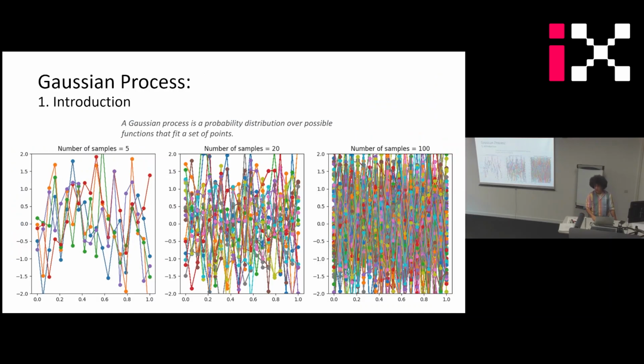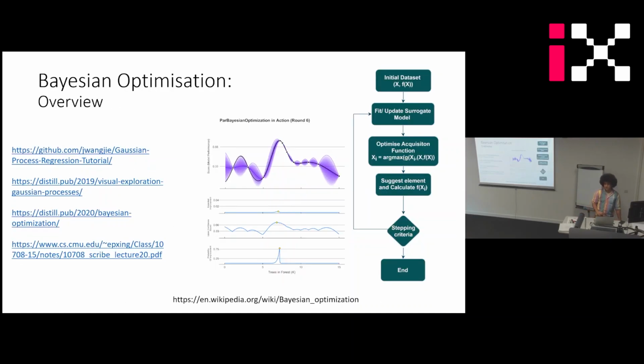Comment. Is Bayesian optimization a global optimization? I would say it's a global optimization, but it depends on how you define your acquisition function, or your exploration and exploitation aspect of it.